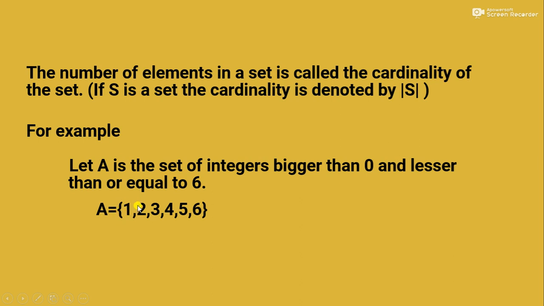We have 1, 2, 3, 4, 5, 6, so the total number of elements present in set A is 6. So the cardinality of A is equal to 6.